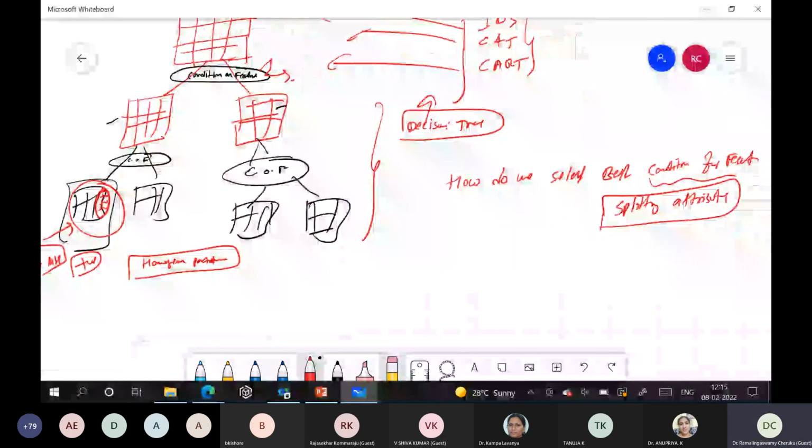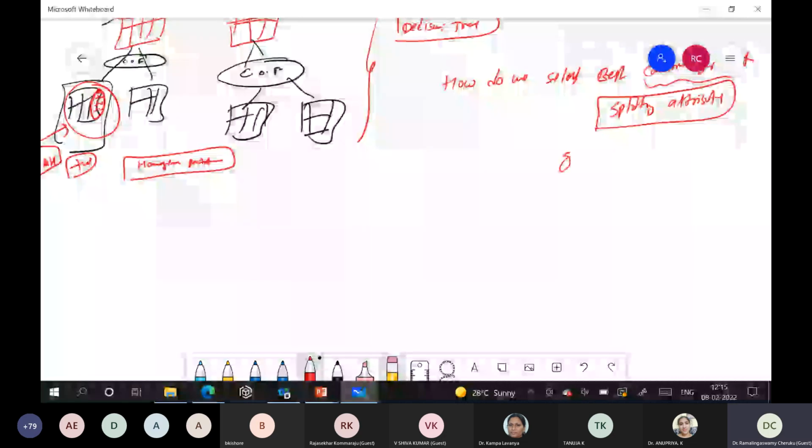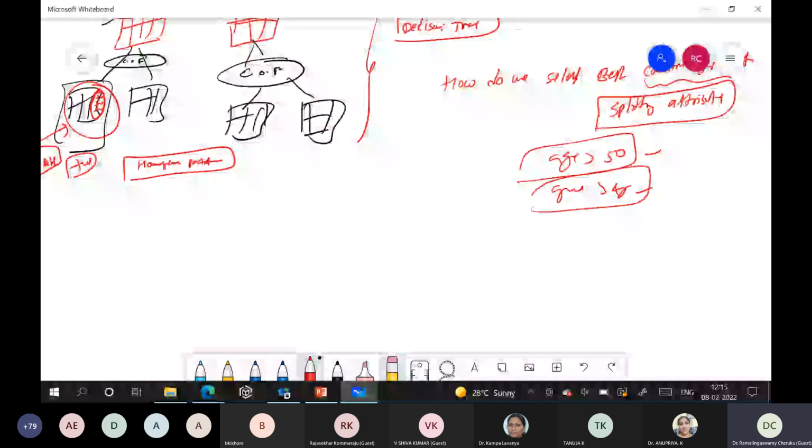The splitting attribute means, what is the best condition for a given feature? Something like age is greater than 50 or age is greater than 40. Which one is correct, which one do I have to choose? Age is the splitting attribute, and this is a condition on the splitting attribute. Now how do we select?